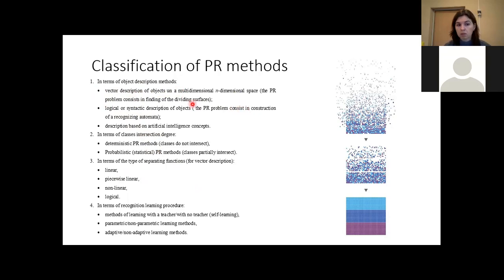One of them is to represent our objects using a vector description in a multidimensional feature space. The pattern recognition problem consists in finding dividing surfaces. But a vector is not the only way to represent the object.